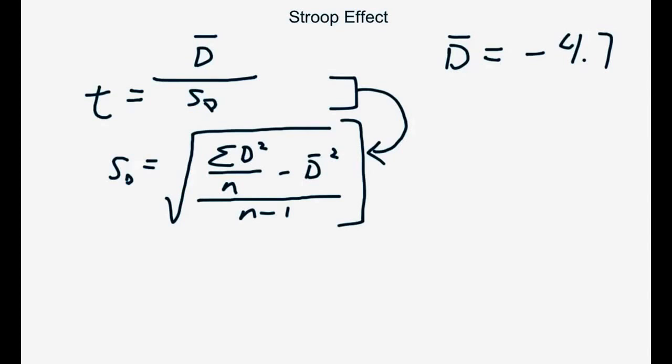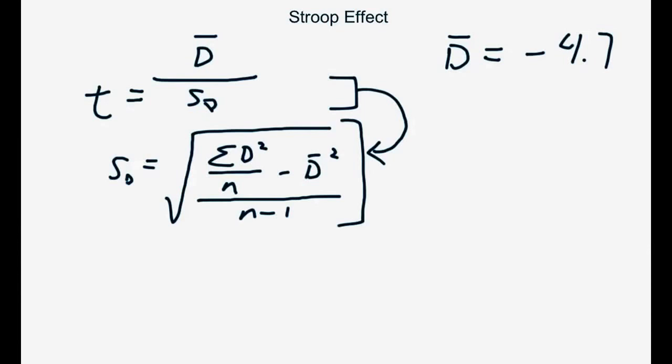The second column on that slide is d squared, where we just take each person's difference score, -5 to -9, and so on. I'm reading off of that fourth column on the repeated measures slide. We take that d score and we square it. So -5 squared is 25, 2 squared is 4, -9 squared is 81, and so on.